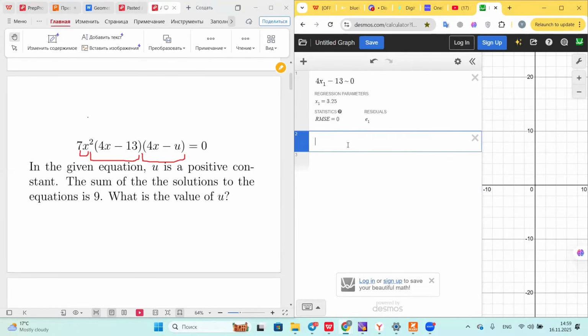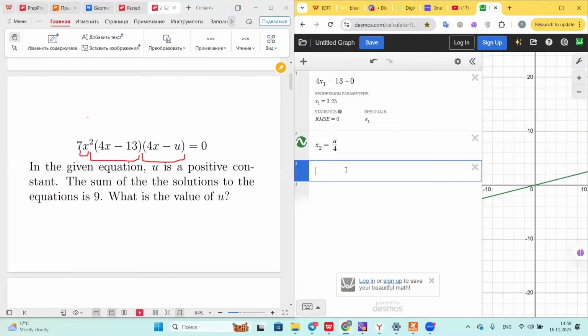For example, we can solve it by hand: 4x2 minus u equals 0, so x2 will be equal to u divided by 4. You can do it just by solving this linear equation. Now you know the value of x1, you need x2. Now you can add x1 plus x2. Sum of solutions will be 9.